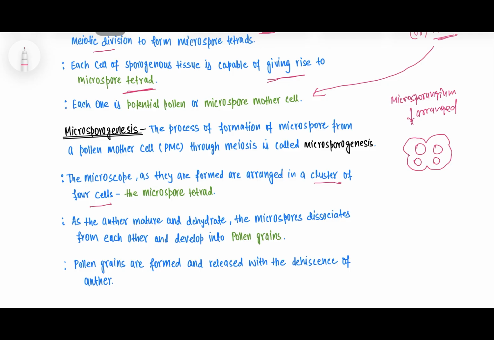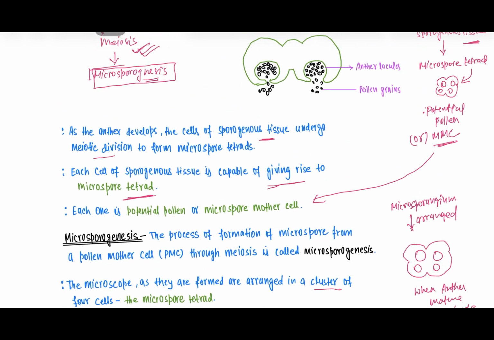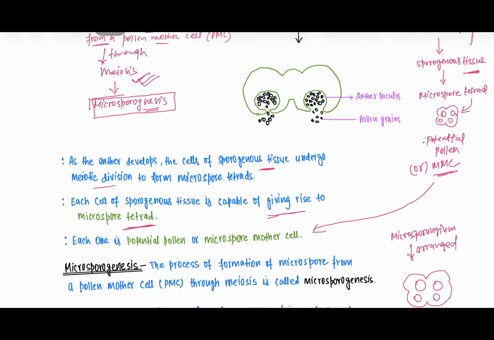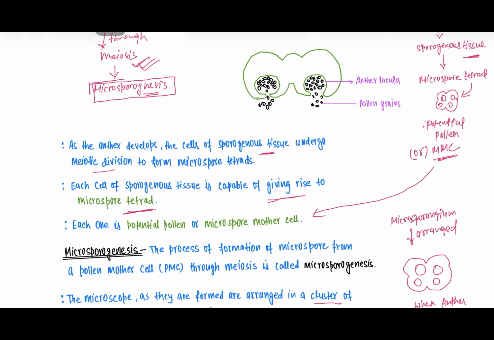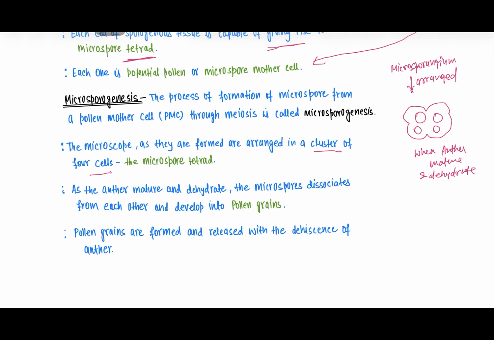As the anther matures and dehydrates, the microspores dissociate from each other and develop into pollen grains.